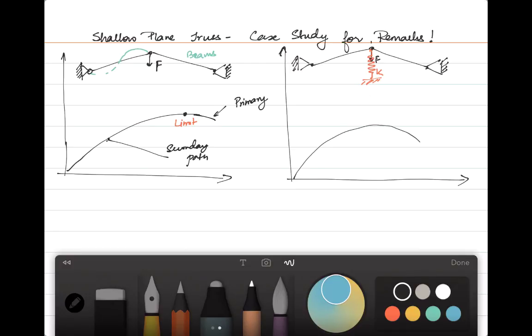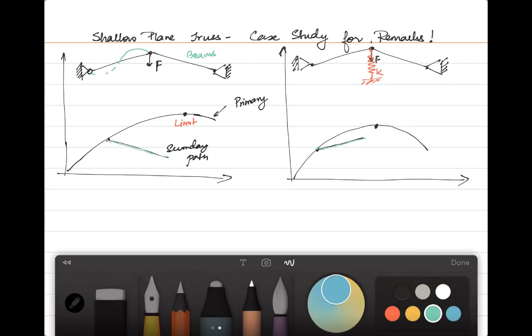You can, of course, have the same primary path limit point, but at the point of bifurcation, because you have a stiffness attached to this hinge point, you do not lose the stiffness, but you gain some stiffness by going upwards in the secondary path. So the secondary path becomes different in both the cases.